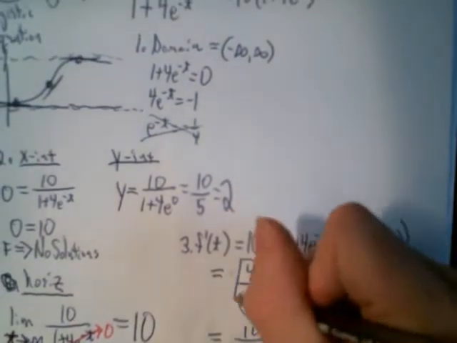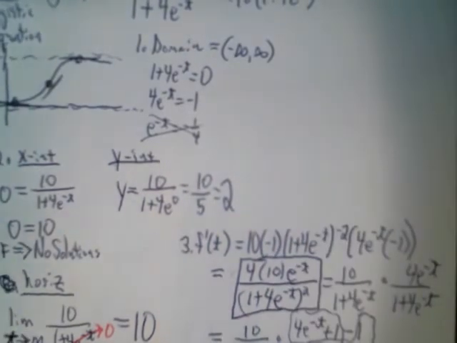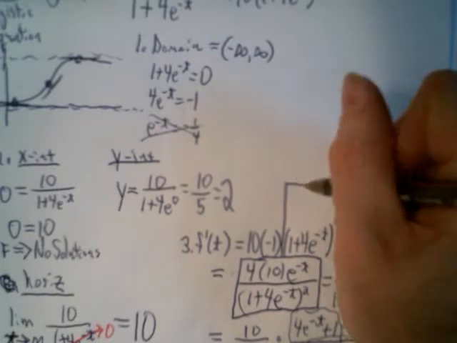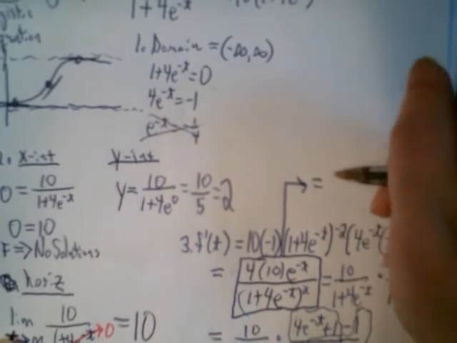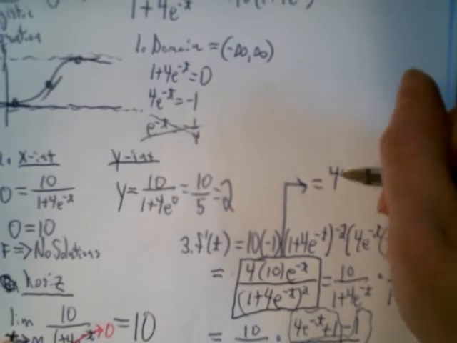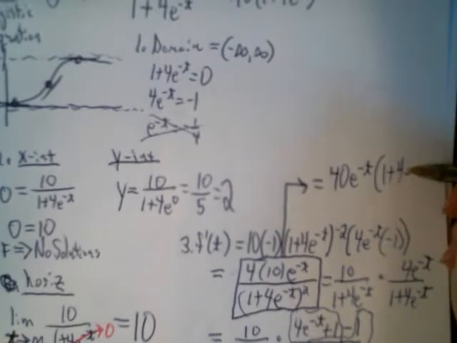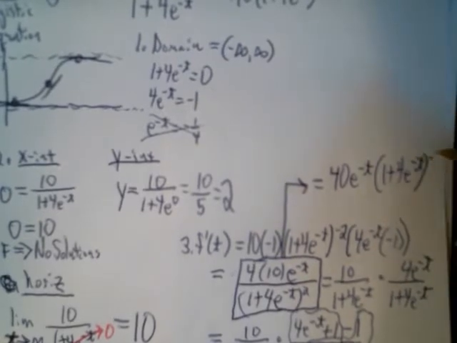So this is kind of what we need, and rewriting it here, I'll have y prime equals, let's say, 40 e to the negative t times 1 plus 4 e to the negative t to the negative 2.